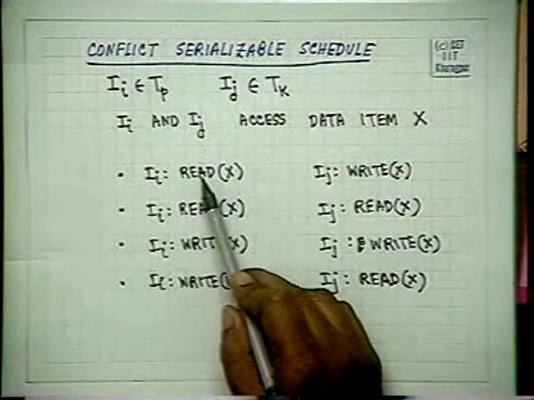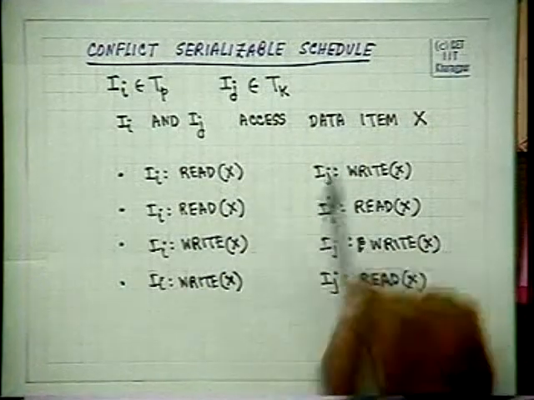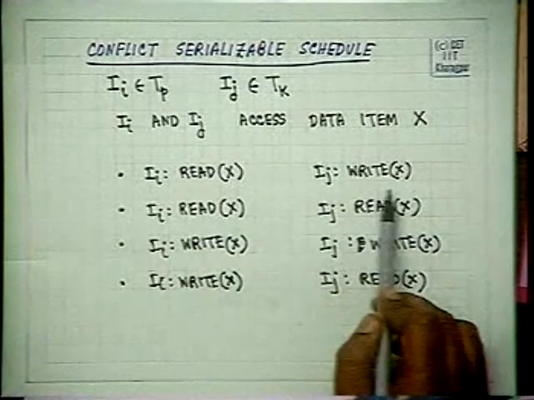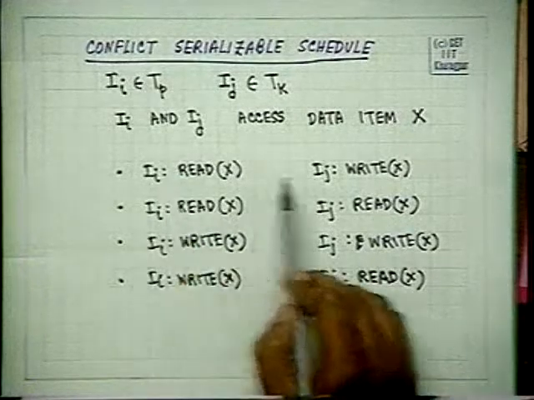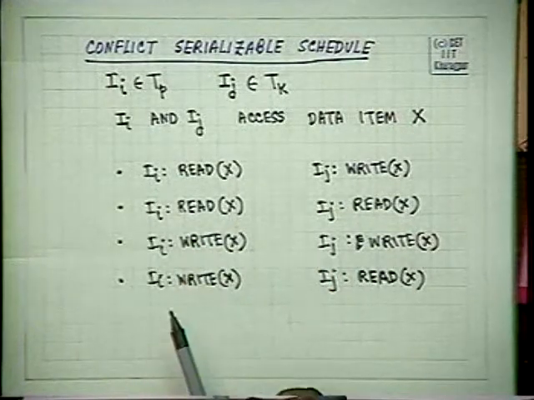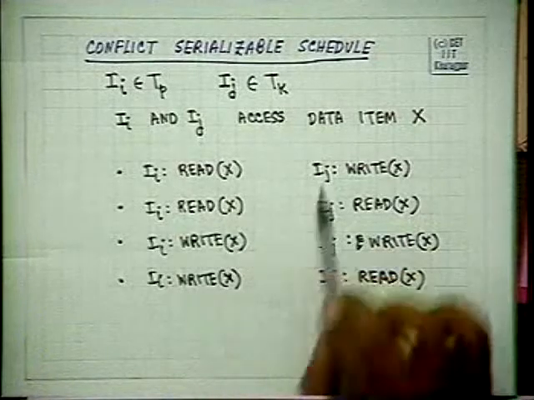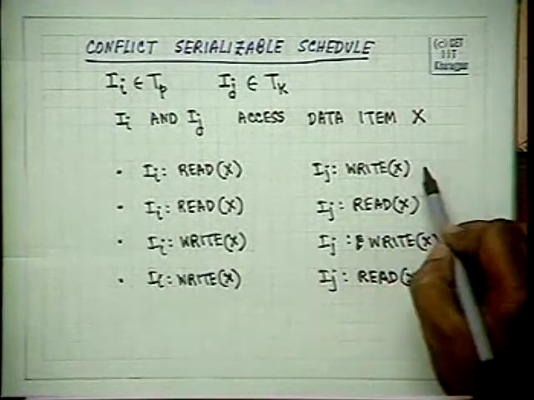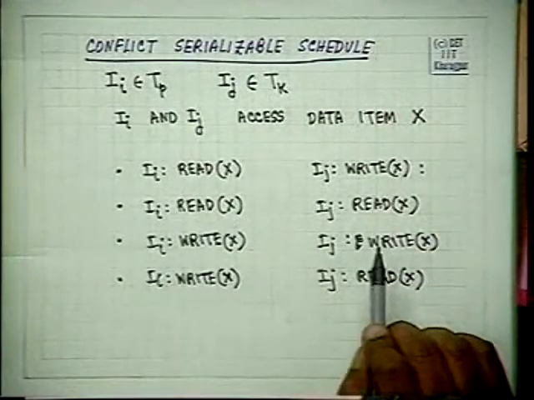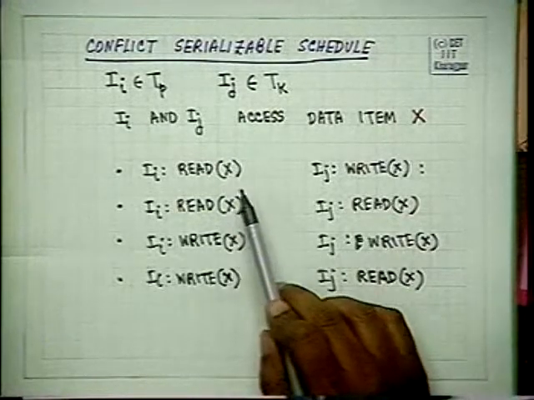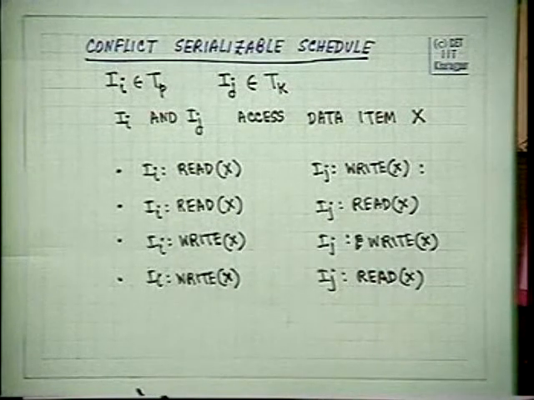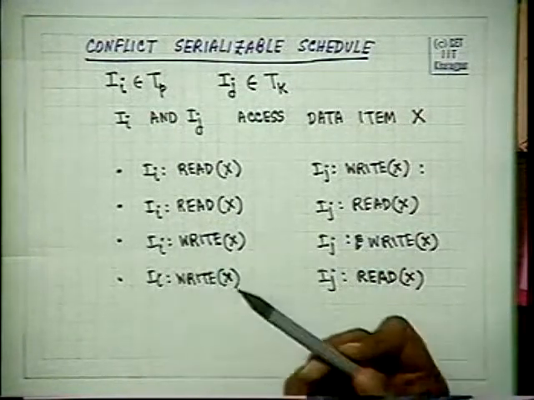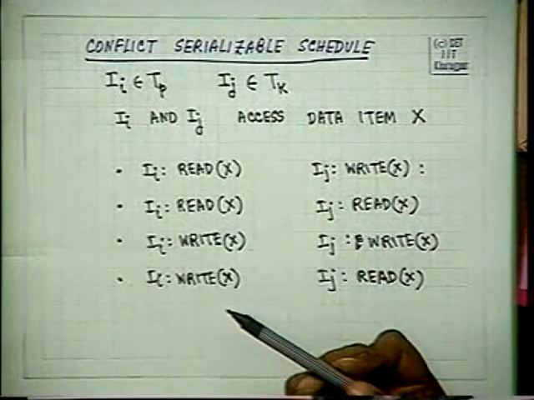Now, if Ii is before Ij in any schedule, can we swap them? This is conflicting. We cannot swap Ii and Ij. If both are read, can we swap them? We can swap them. It does not matter. If both are read, we can swap. So this is okay.